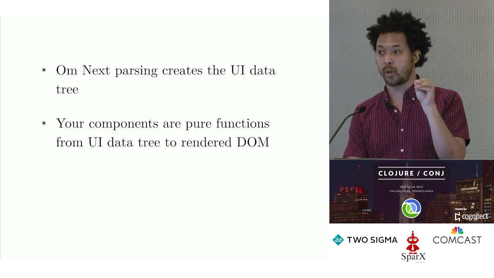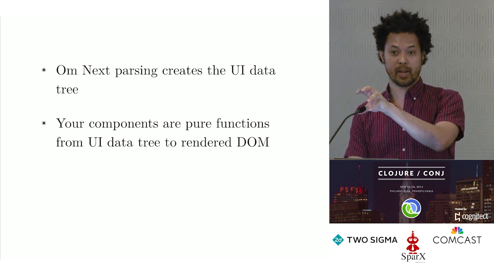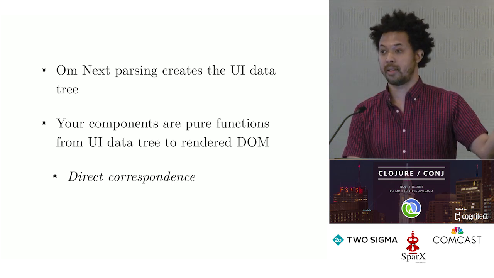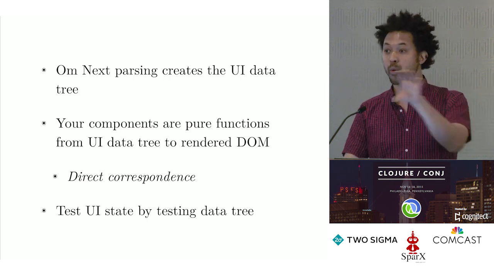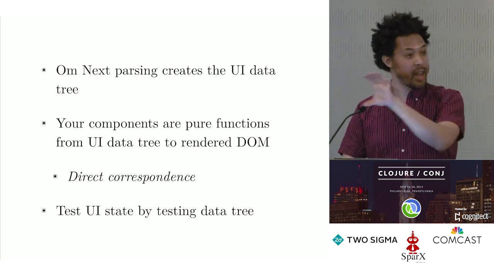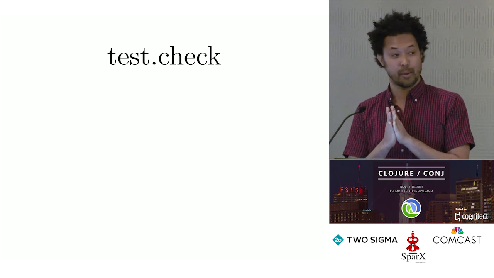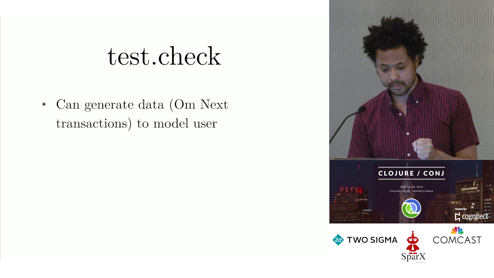Your components are pure functions from the UI data tree to the rendered DOM, right? There's a direct correspondence, completely direct. You don't need to look at anything. You can prove properties of your UI without ever looking at anything at all. And so we're going to use TestCheck to show a cool demo. They're actually much cooler demos than the one I'm going to show, but you'll get the basic idea.